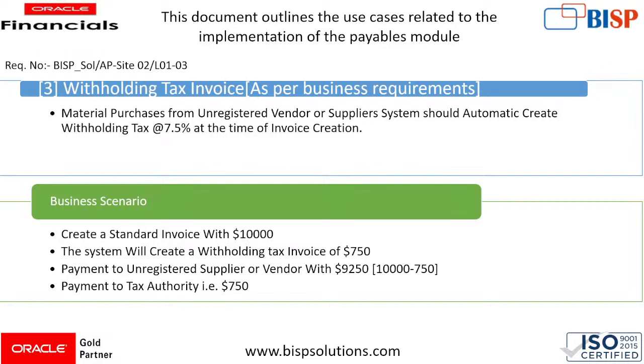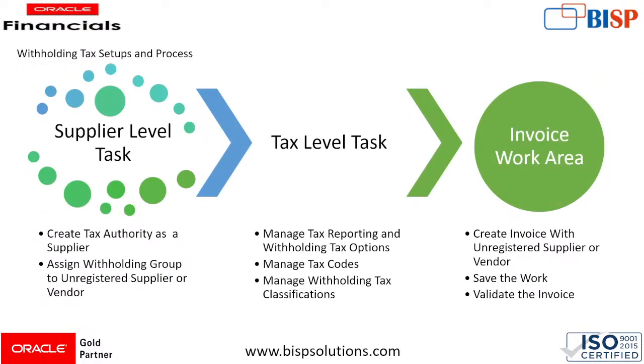So let us navigate. The first task we have to do: these are the withholding tax setup. In the supplier level task, we will create a tax authority as a supplier, or you can say a supplier as a tax authority. Then we will create a manage tax report withholding tax option, and then manage tax codes and manage withholding tax classification.